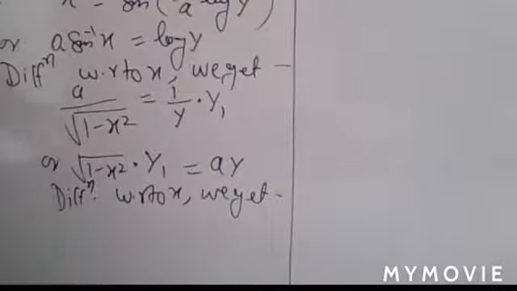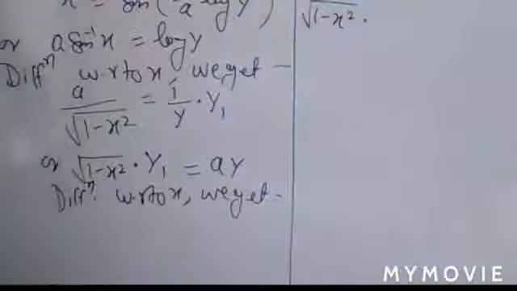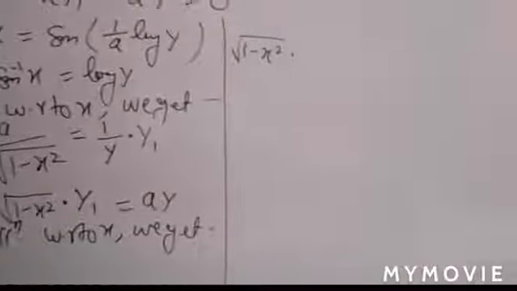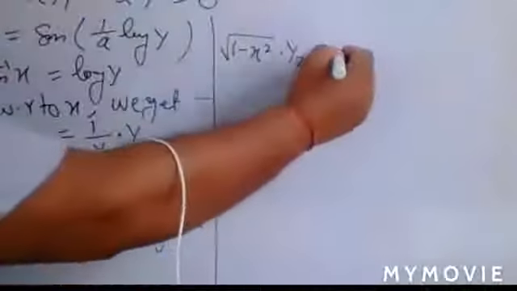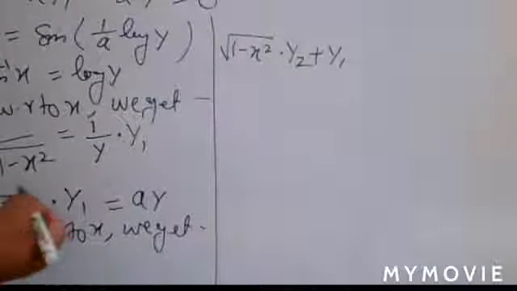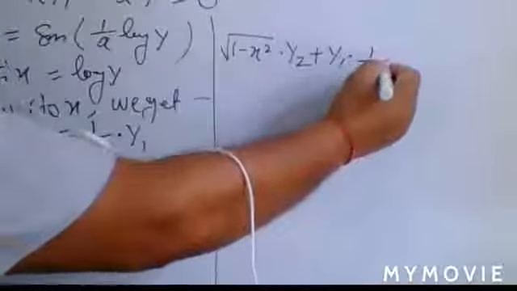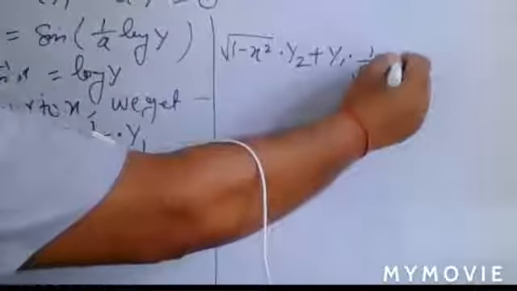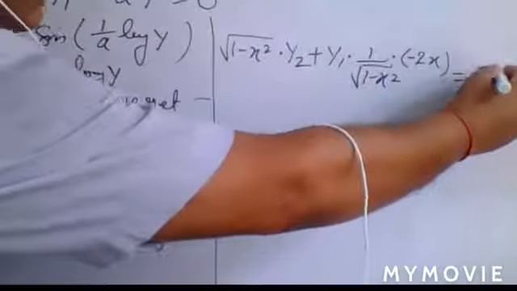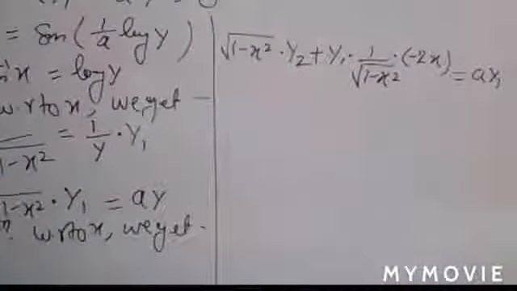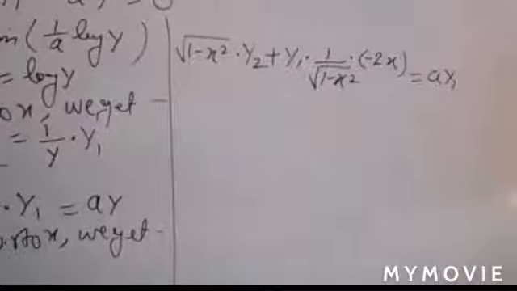First function under root 1 minus x square times the differentiation of the second, which is y2, plus the second function y1 times the differentiation of the first, which is 1 upon 2 under root 1 minus x square into minus 2x. And this is equal to a into y1.